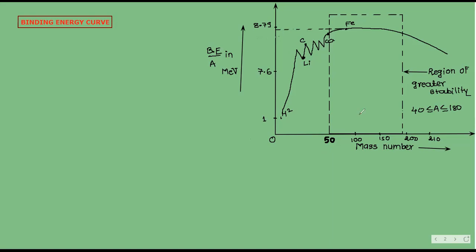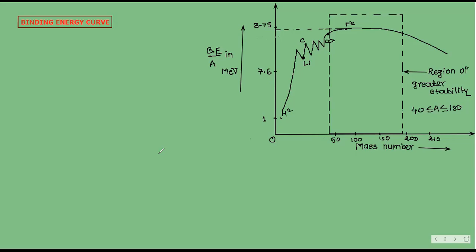This is the greater stability region. I will take this a little to this side in the graph so that you get an idea, it should be around 40. So I am taking 50 here. Got it?